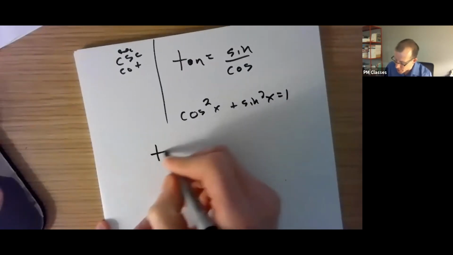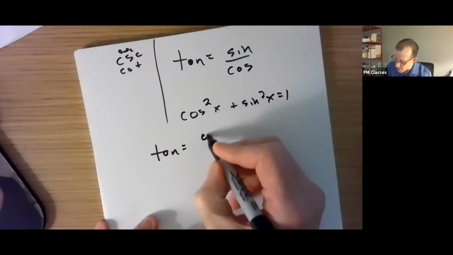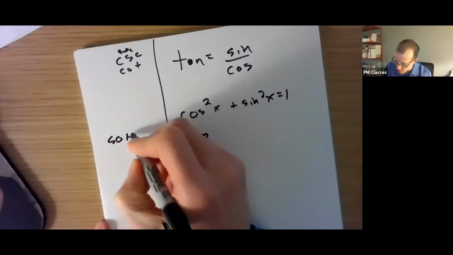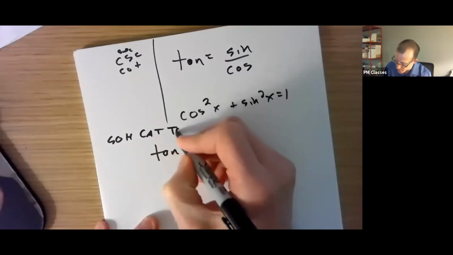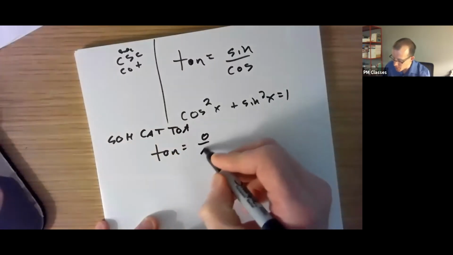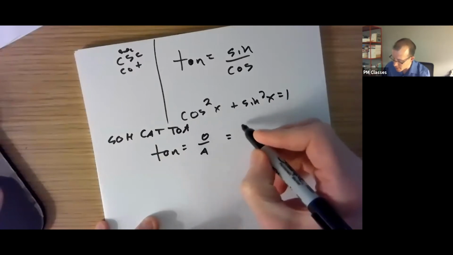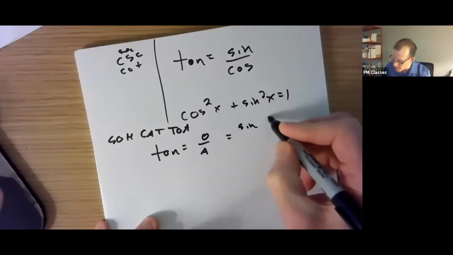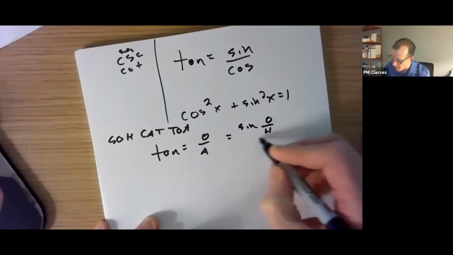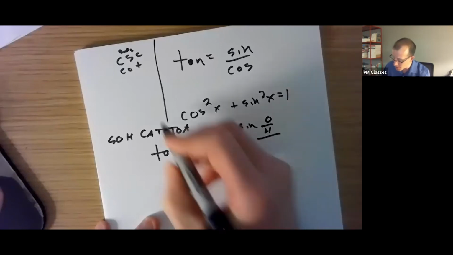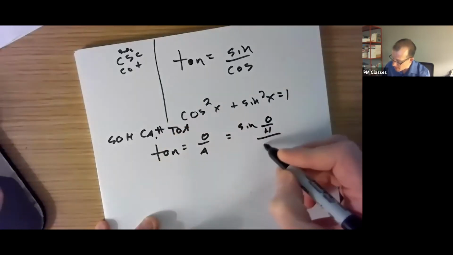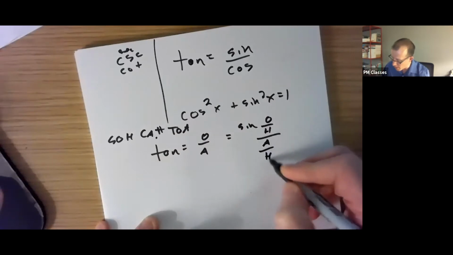So tangent, we know, is opposite over adjacent. Let's write it out again. We always benefit from that. Sine is opposite over hypotenuse, and cosine is adjacent over hypotenuse.